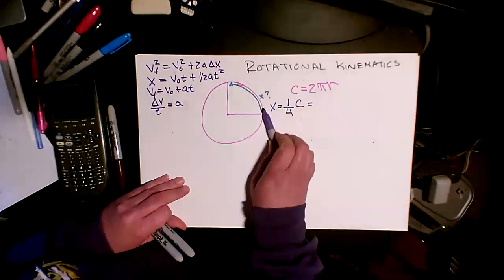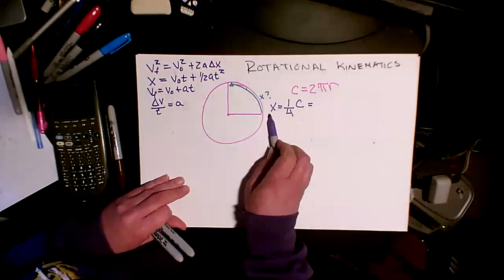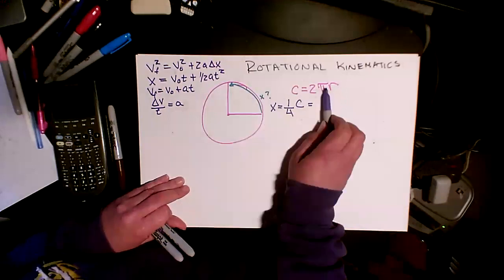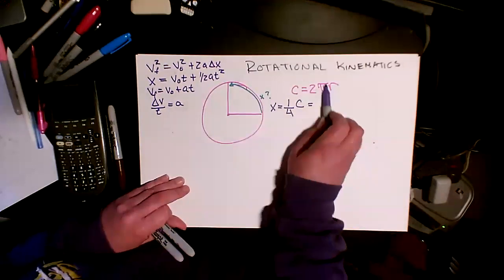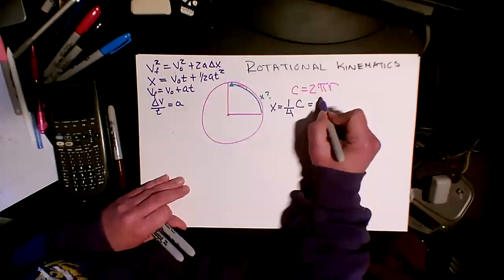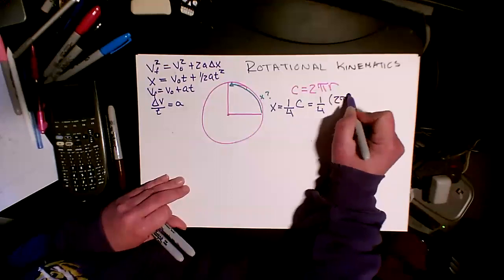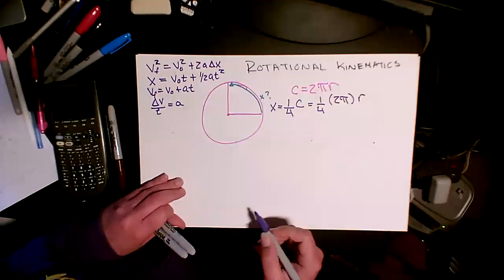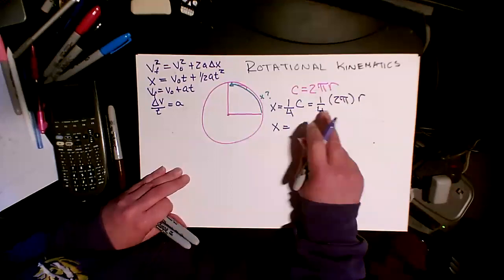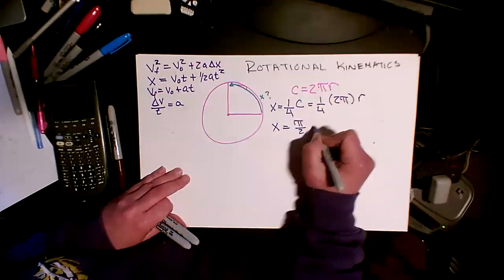Because this gives us a ratio, however big this radius is, I can get the entire distance around by relating the radius to 2 pi. So I have 1/4 of my circle times 2 pi r, and simplifying, x is pi over 2 times r.